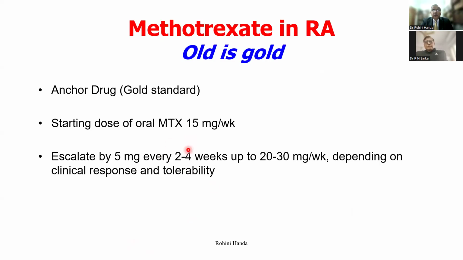The starting dose of methotrexate is now 15 milligrams per week. Rapid escalation to the point of disease control or a point of patient intolerance. So you go up to 25-30 milligrams per week, depending upon patient tolerability and response.